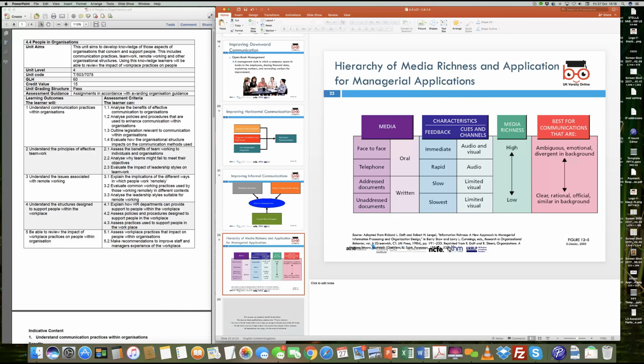So the idea of having this matrix is to understand how you will communicate, what channels you would use, and when you use these channels, how quick the feedback is in terms of the response.